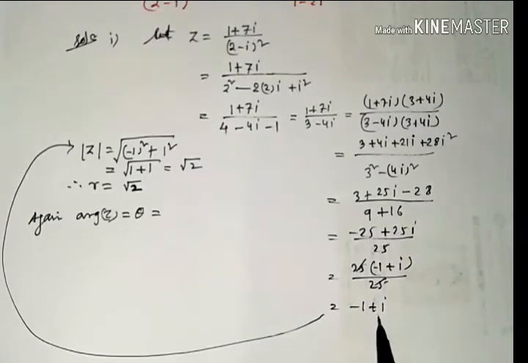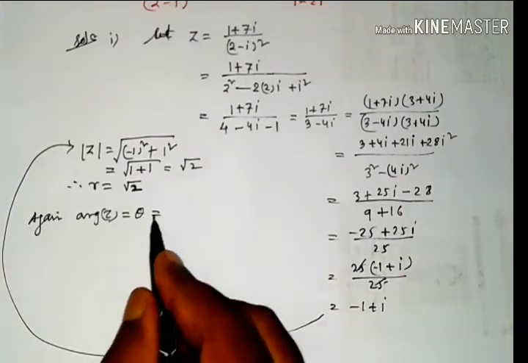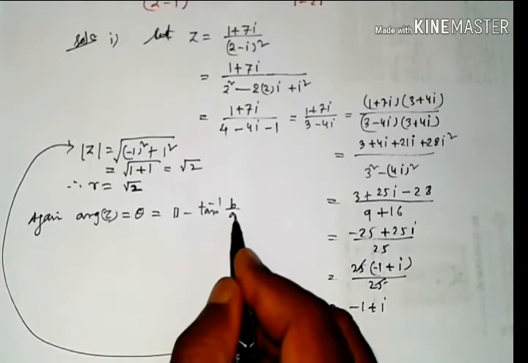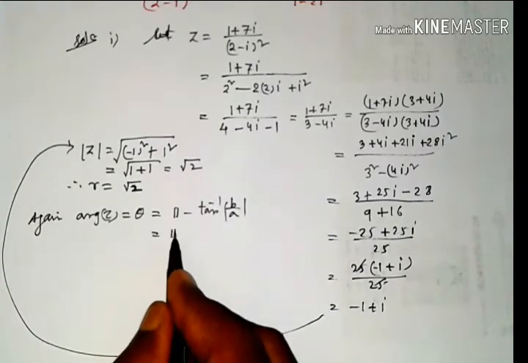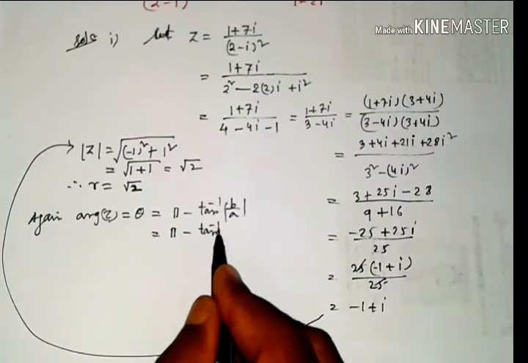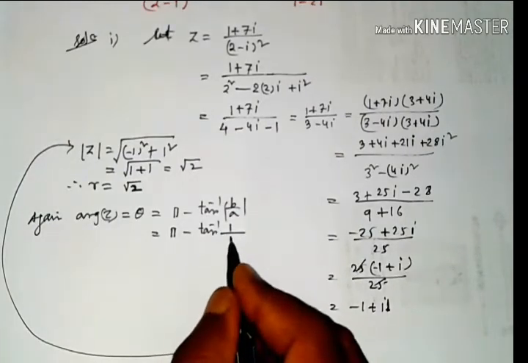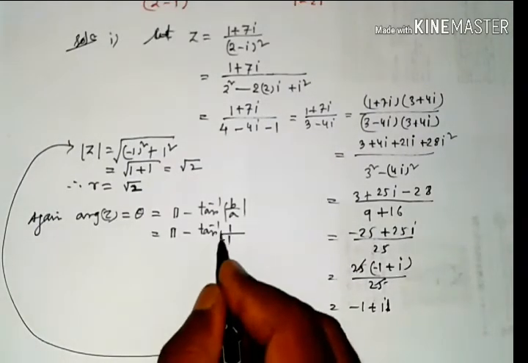This is minus 1 plus i. Here the real part is negative and the imaginary part is positive. Therefore, it is in the second quadrant, and in the second quadrant, arg z is equal to pi minus tan inverse of modulus of b by a. Here b is 1 and a is minus 1, so 1 by 1.